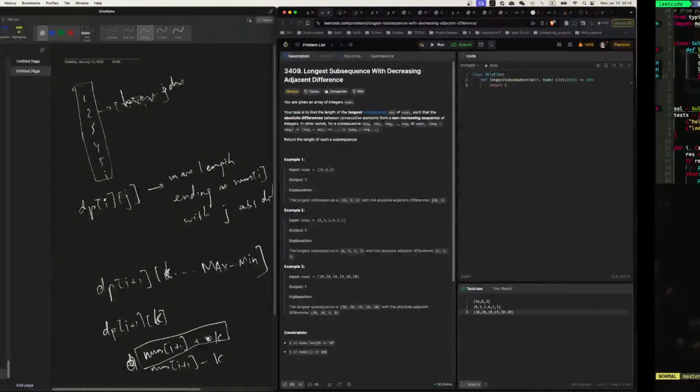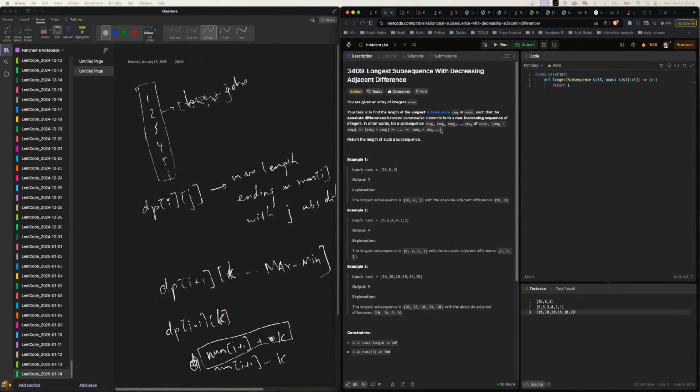Length is at least 2, which means at position 1, right? At position 1, I can go through all the differences that I can create.